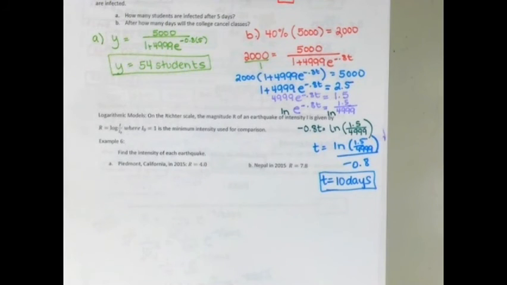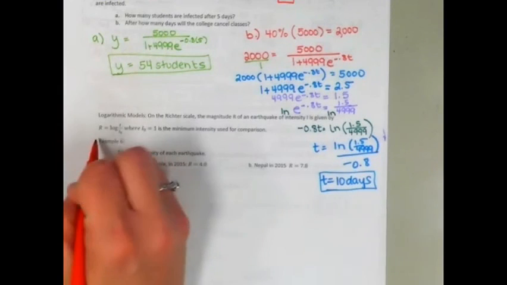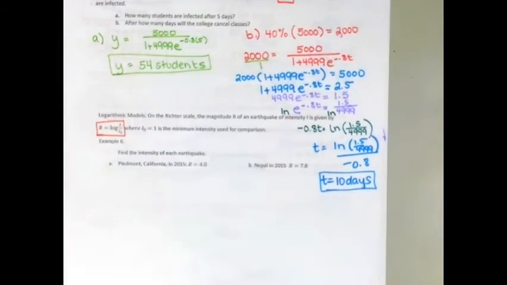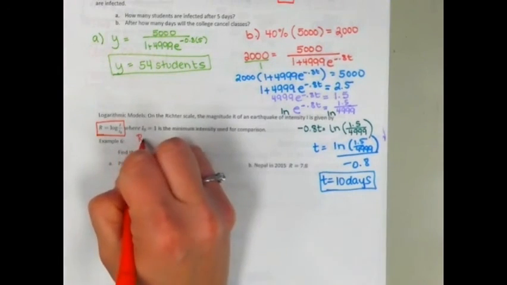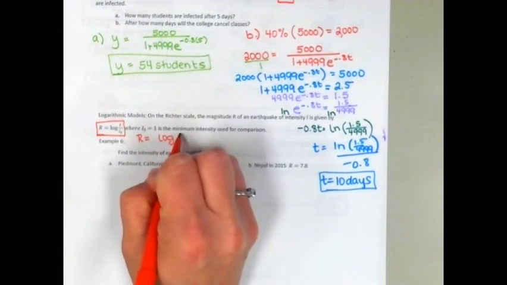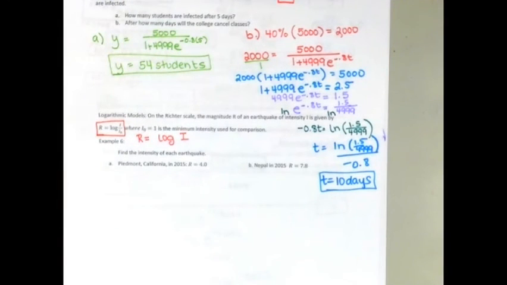All right, on a Richter scale, the magnitude R of an earthquake of intensity I is given by R equals log base 10 of I over I sub 0, where I sub 0 is 1, the minimum intensity used for comparison. So really, R could be the logarithm of just what? I, because isn't I over 1 just going to be I? Yeah. Find the intensity of each earthquake. So in Piedmont, California in 2015, the Richter scale said it was 4.0. So could we plug 4.0 here into R? Yeah.